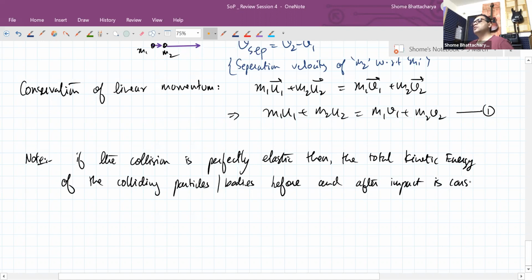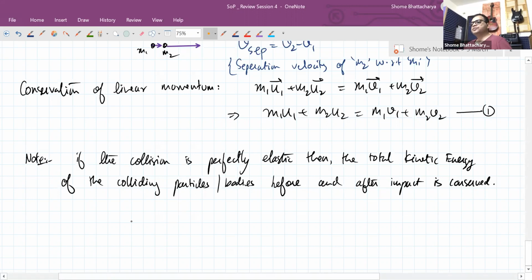So in other words, it means that the materials of the bodies are elastic, which means that during the impact they store elastic potential energy, and then that elastic potential energy, as the interaction is coming to an end, is reconverted into kinetic energy without any dissipation.